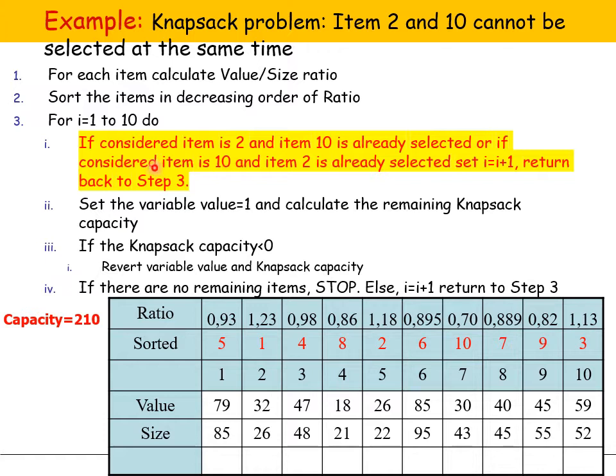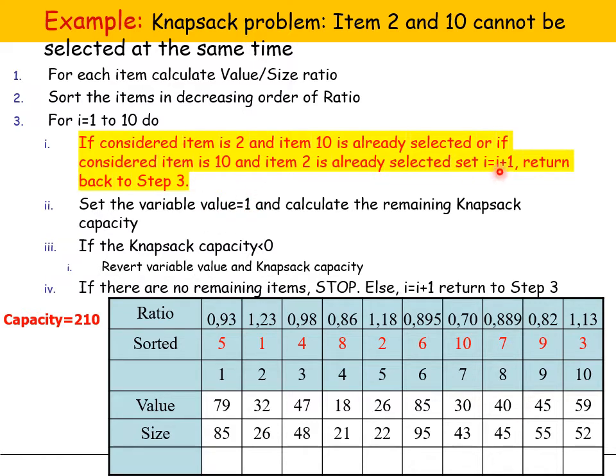Or if we are currently considering item 10, and item 2 is already selected. In this case, we cannot select item 10 anymore. So it means that if we are in this case, we cannot continue with the remaining steps. We cannot set the variable value to 1 for these.